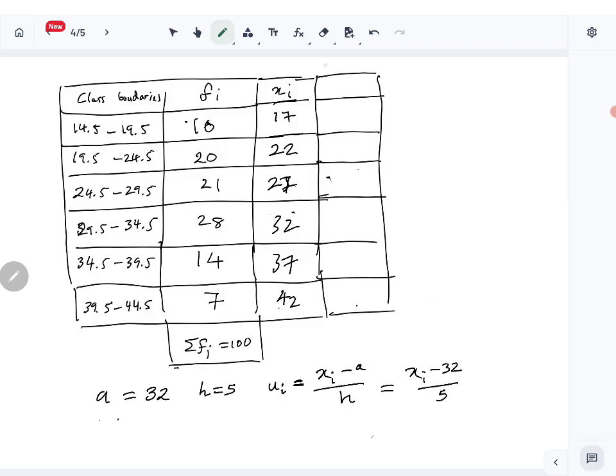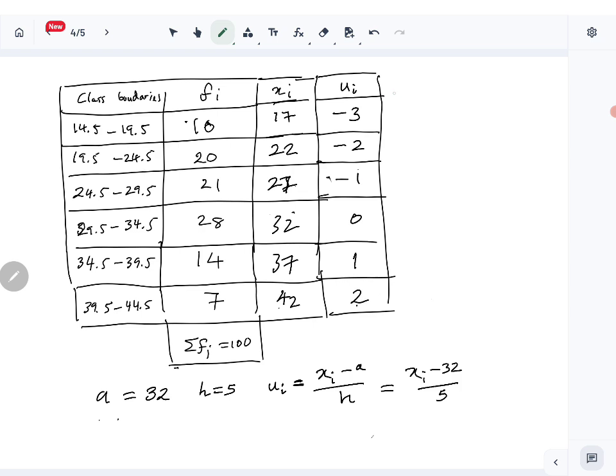Let's create the ui values. 17 minus 32 is minus 15, over 5 is minus 3. 22 minus 32 is minus 10, over 5 is minus 2. This will become minus 1, 0, 1, 2.